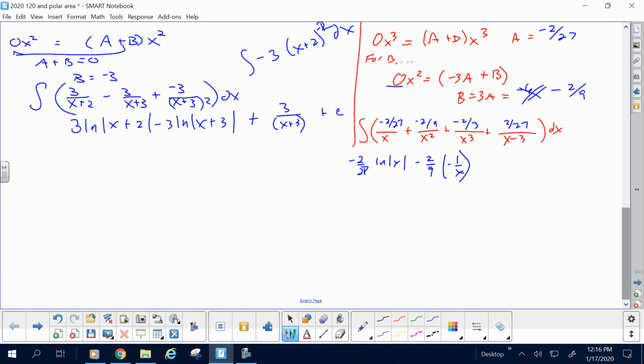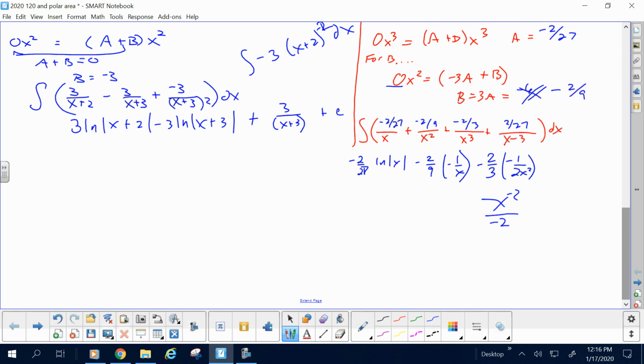Okay. What is the antiderivative of x to the negative 3? Negative 1 over 2x squared. I agree with that. Feel free, if you want to just keep it ugly, x to the negative 3's antiderivative is x to the negative 2 over negative 2, but whatever you want.